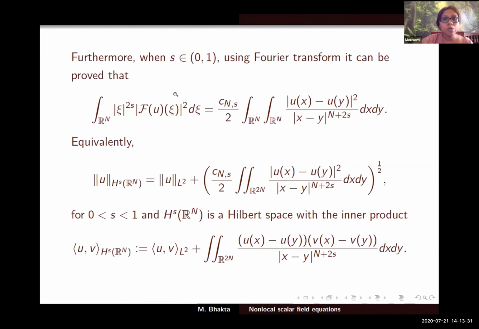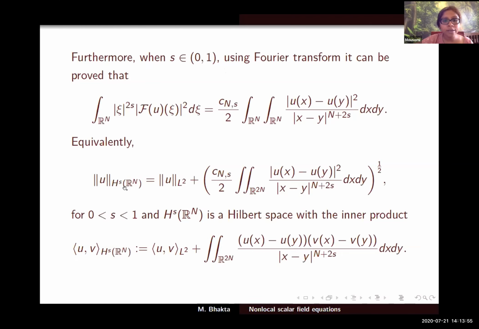Now, when s is in (0,1), one can show that this norm is equivalent to the Gagliardo norm. This is true for s in (0,1); I repeat, for s greater than or equal to 1 this equivalence is no longer true. There is a counterexample, and in fact the Gagliardo norm is finite only when s is less than 1.